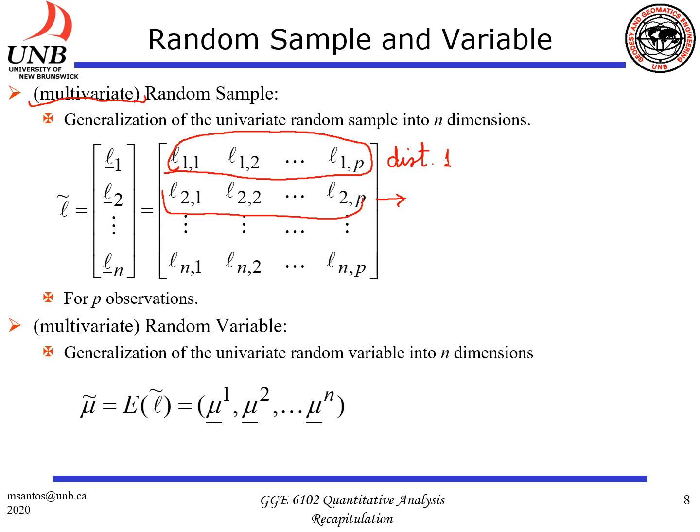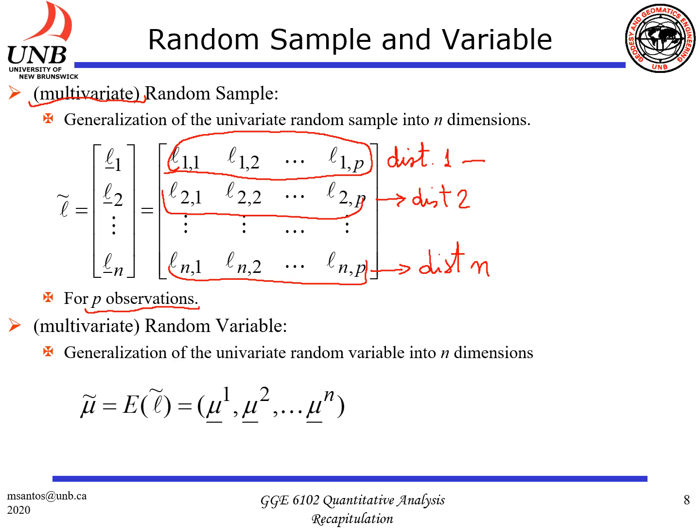These may be the distance 2, and then etc., until we have distance n. Okay, and these distances have been observed p times. So p here represents the number of observations.